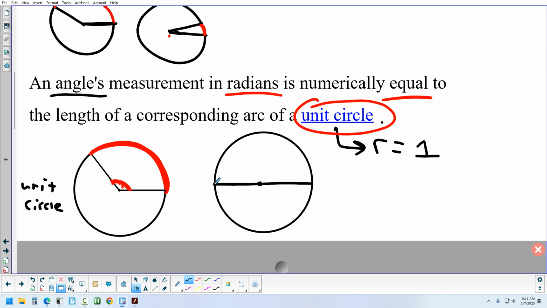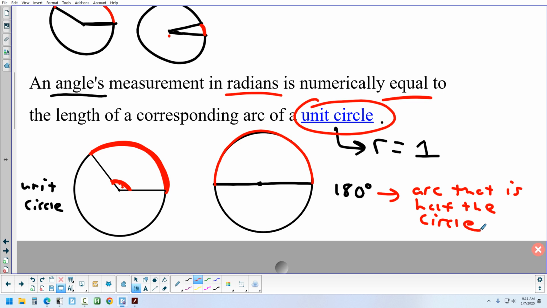How big is that angle? That's a 180 degree angle. Now I know we need to work in radians, but that's okay, we're going to do that. How much of the circle does that arc take up? A 180 degree angle gives you an arc that is half the circle.